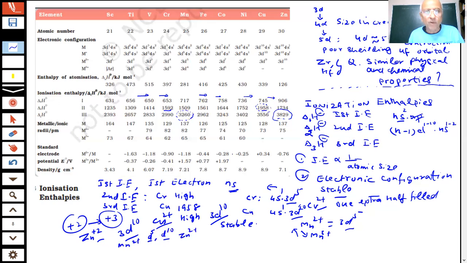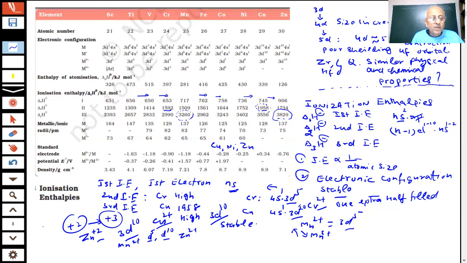For example, copper, nickel and zinc do not form higher oxidation states than +2 because the ionization enthalpies are greater. So there is some guidance given by this, but it is a complex thing. We admit that.